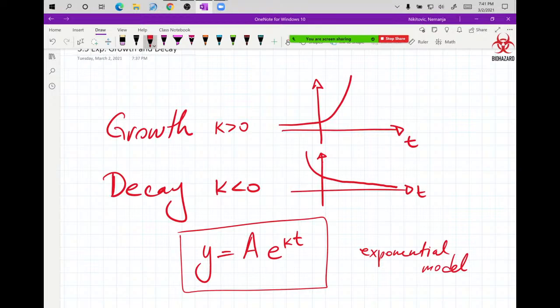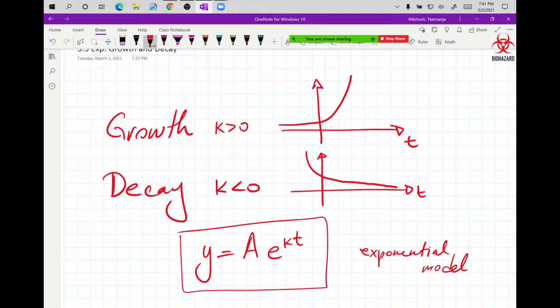So for the growth model, you can look into population, for instance. Population in general grows over time. We have an explosion of human population. We doubled our population since 1973, I believe, or whatever. We doubled the population on the planet since that time, right?